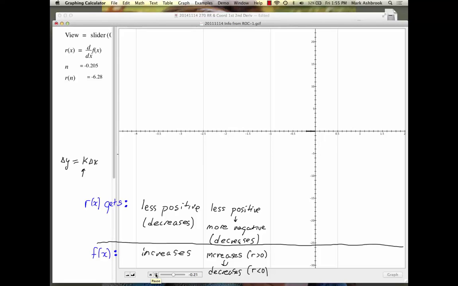What's the rate doing? So practice using these phrases: less positive, more positive, less negative, more negative. Those are the phrases we want to practice.